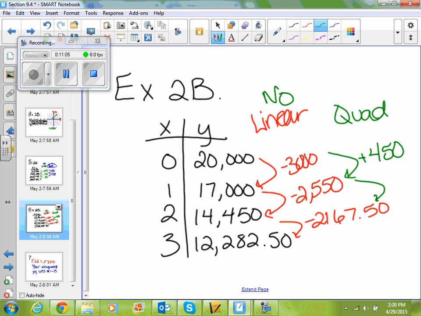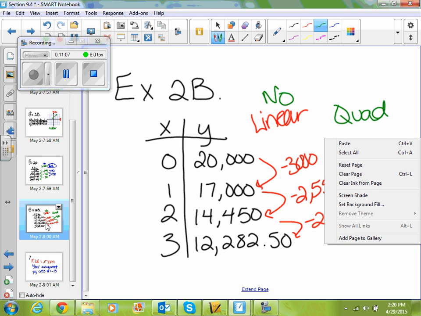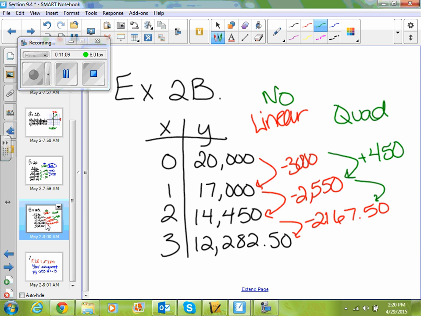Well, I'll take 2,550 and subtract 2,167.50 from it. 382.5. Okay, are those the same? Oh, bad. Okay, so we know it's not quadratic, which means our only option left is exponential.